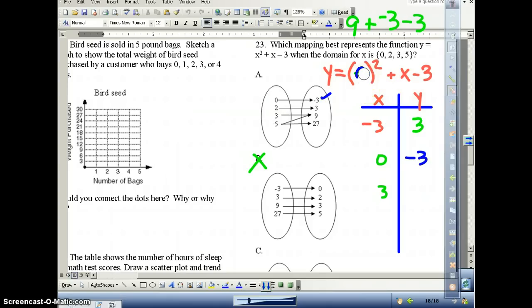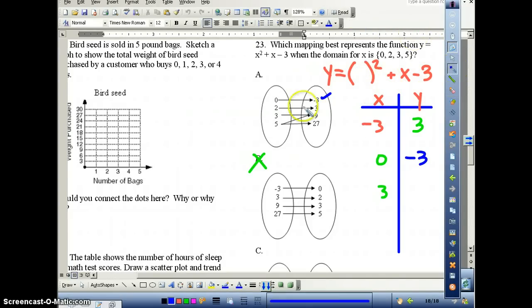So right here I'm going to put in 2. 2 squared. Well, I'm also going to put in 2 right there. 2 times 2 is 4. 4 plus another 2 is 6. And 6 subtract 3 is 3. Whoops, that was for 2. 2 goes with 3. That works out.